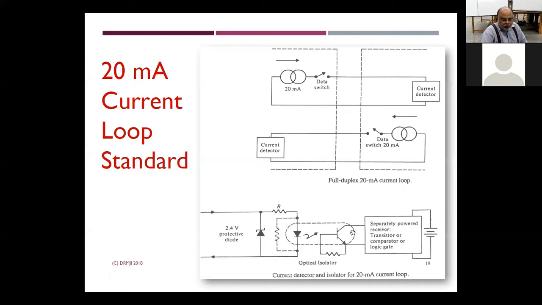Also, one very important thing about this current loop is that it can provide optical isolation, like this over here. So this is an optical isolator, also called optocoupler.